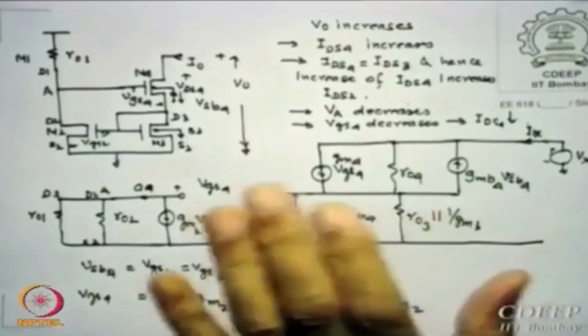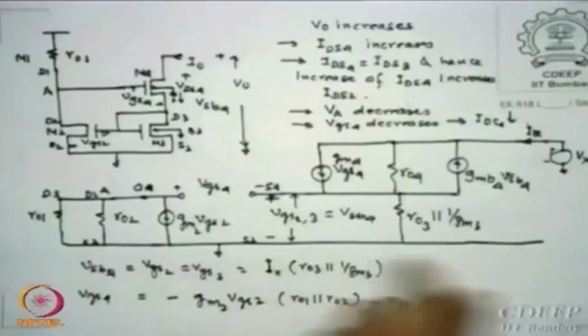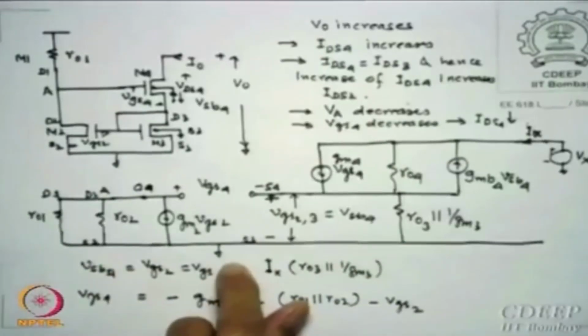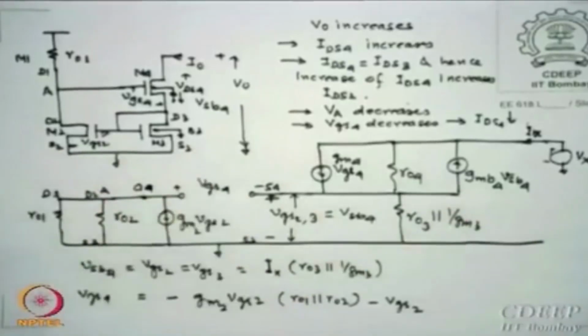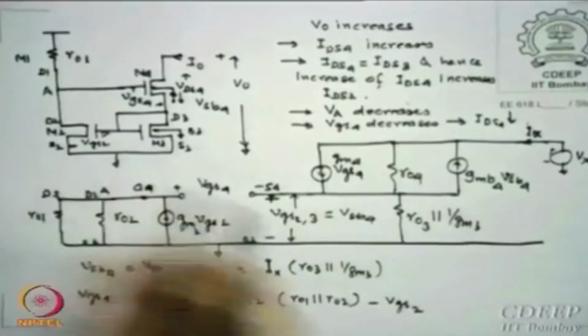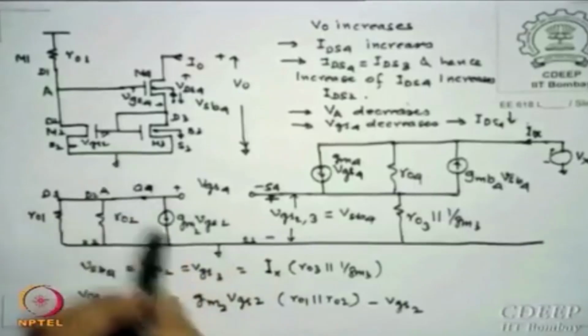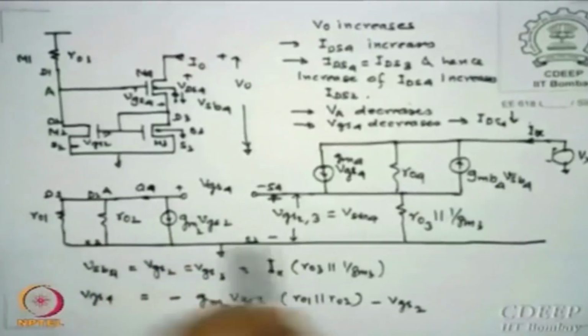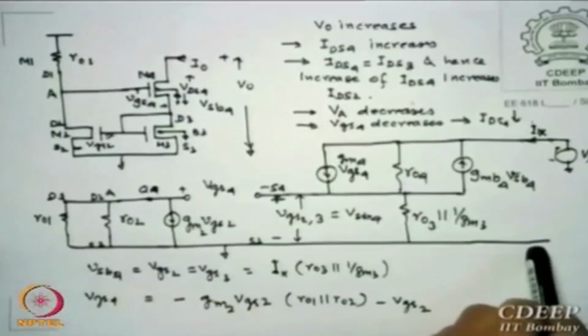My suggestion to you is this method is always correct, okay, because you are only following node and from there whatever you are seeing you are substituting there. The S2 and S3 are same, which are grounded. S2, S3, source of M2, M3 are connected and grounded.